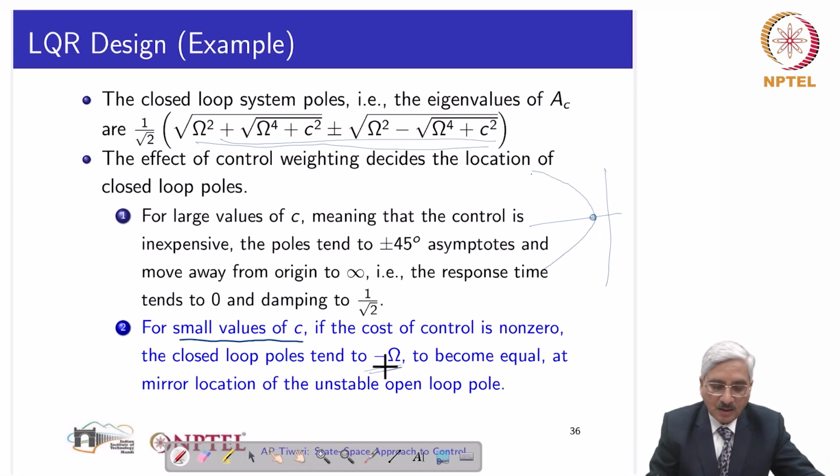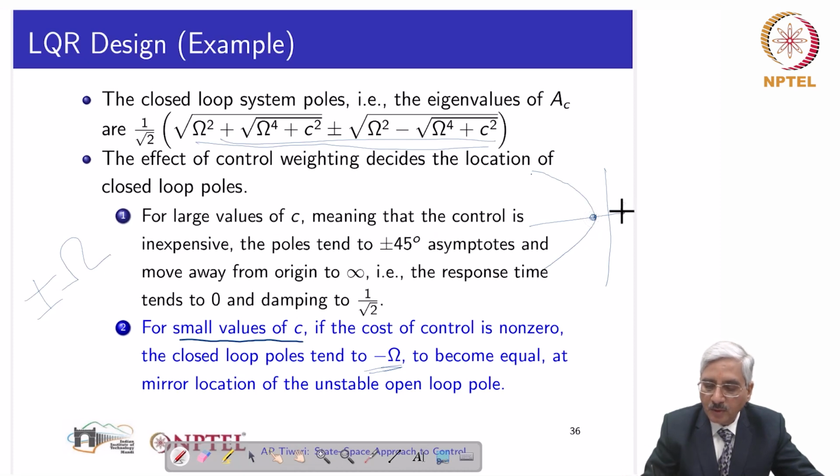Other thing is that the open loop system itself had the eigenvalues plus minus omega. And what has control design done? For large weightage to the control input, it has retained the stable pole where it was.